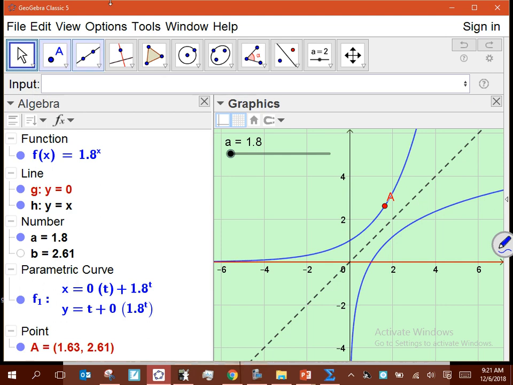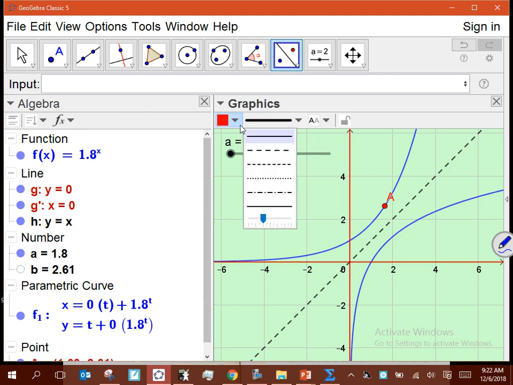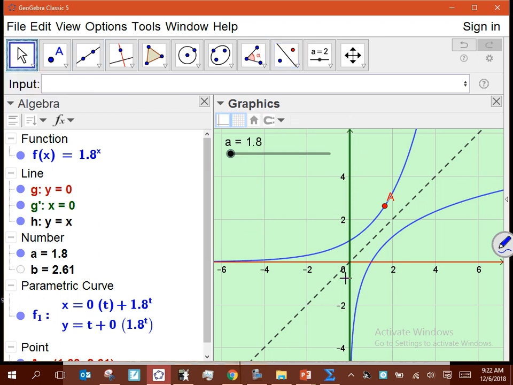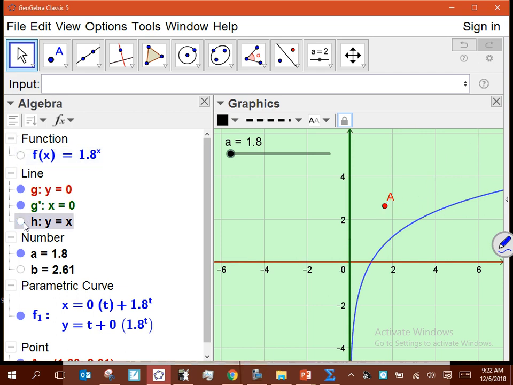If I were to graph that line y equals 0 and reflect it over y equals x, you get that green line, right? Does that make sense? And that now is a vertical asymptote for our logarithm. So logarithms have vertical asymptotes, meaning they have domain issues.